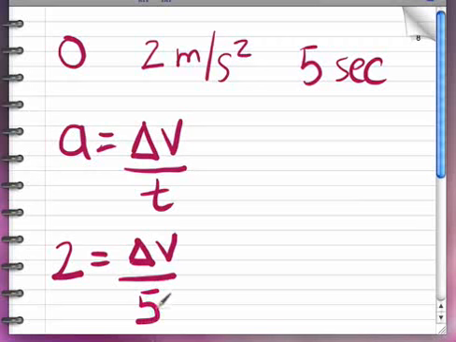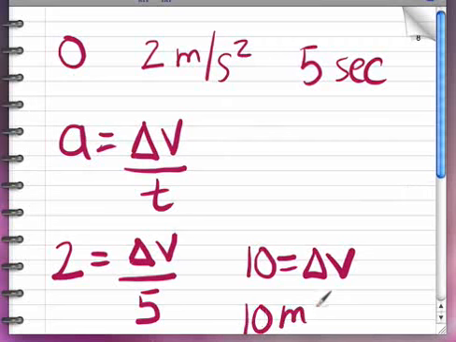If I multiply both sides by 5, I get 10 equals change in speed. That means the speed increases by 10 meters per second. It started out at a speed of 0. It sped up by 10 meters per second, so the final speed is 10 meters per second. If it had been moving some speed at the beginning, we would have had to add that speed to our 10, because the 10 meters per second is just how much the speed increased.